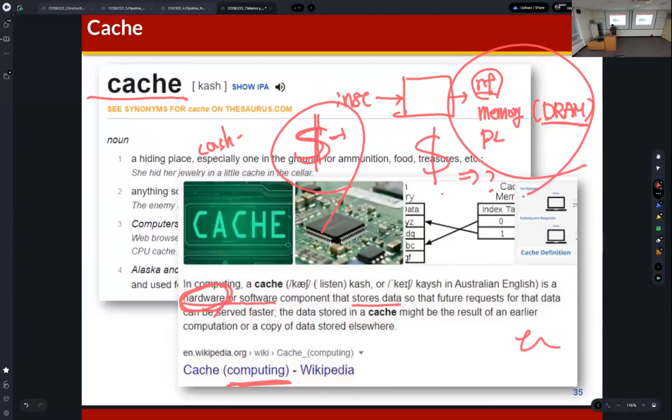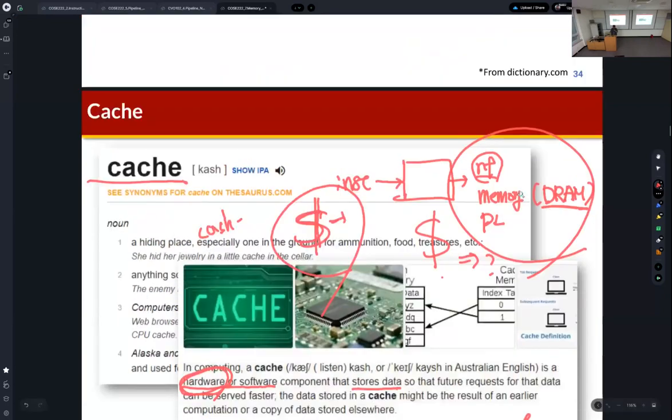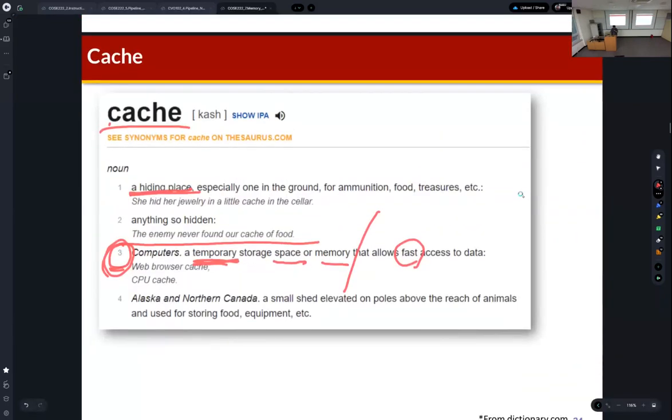We are learning about the memory hierarchy, and in the previous class I briefly explained the cache. What is cache? What is the cache memory? You can find the definition of cache here: a temporary storage space, and this cache memory is managed by hardware, not software.